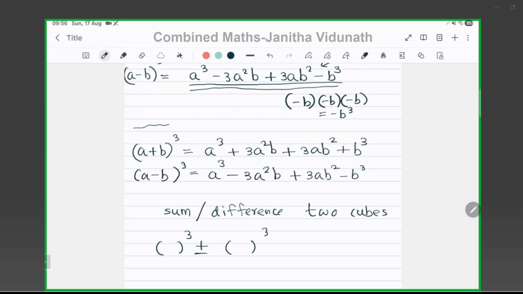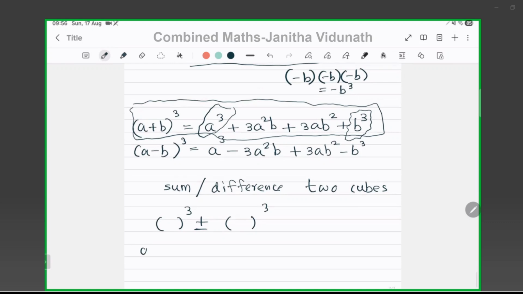Here, when we see this whole expression, simply on our right hand side, we can find two cubes. The first one is a to the power 3, and the second term is b to the power 3.